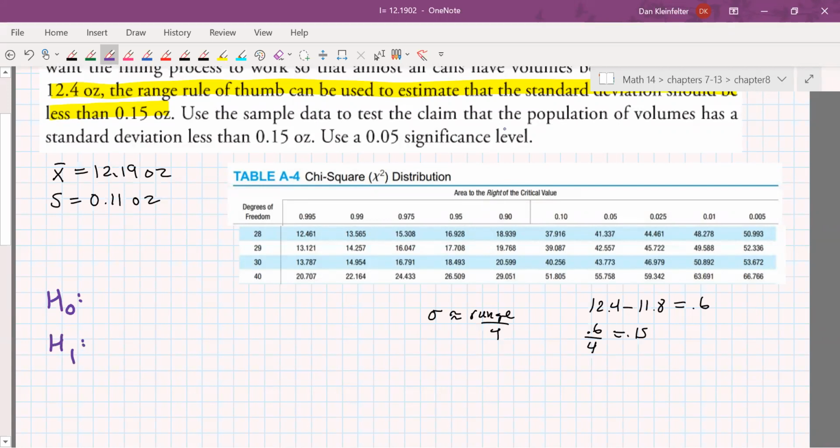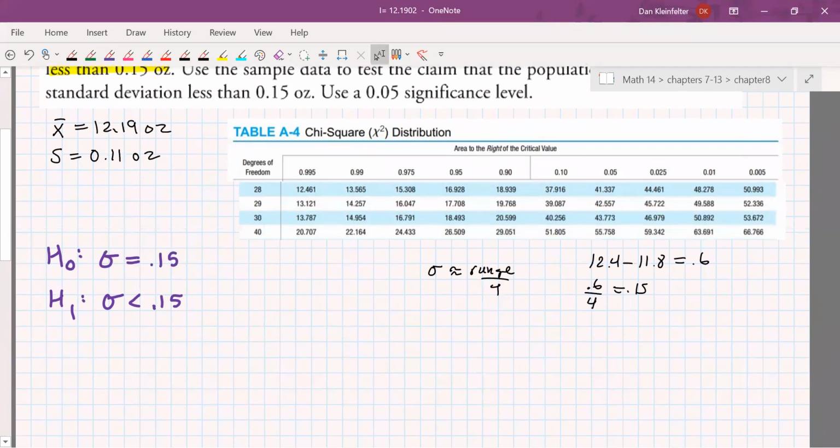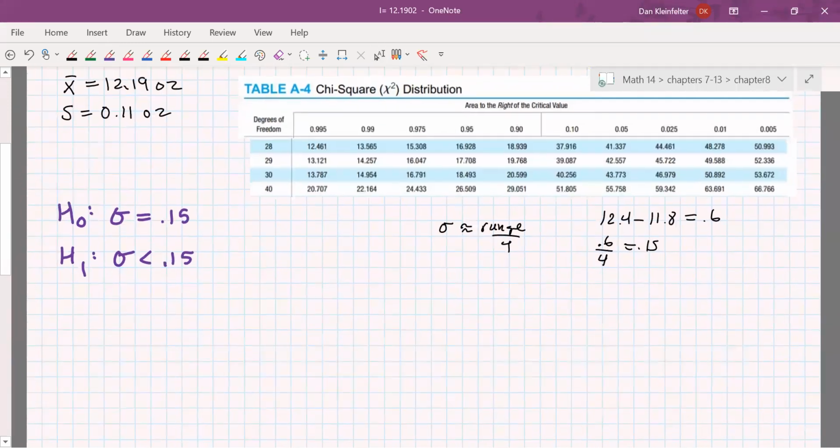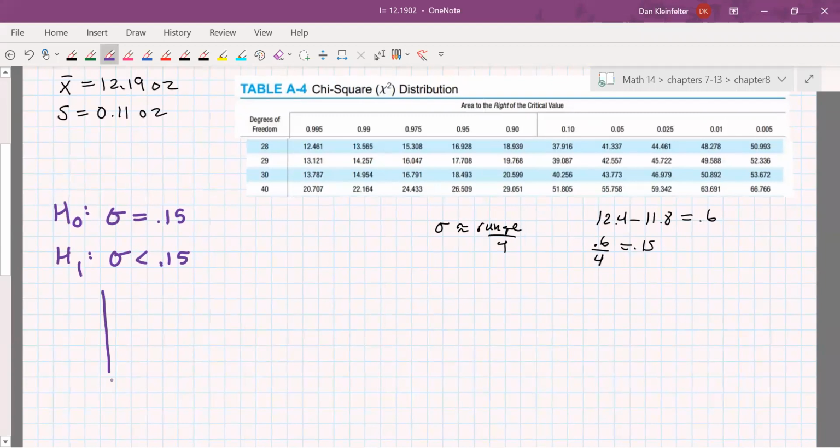We are testing the claim that the standard deviation is less than 0.15 ounces. So the null hypothesis is that it equals 0.15. Since there's a less than there, it's going to end up being a left-tailed test. A little picture of the chi-squared distribution. It's a less than test, so we're going to do left.